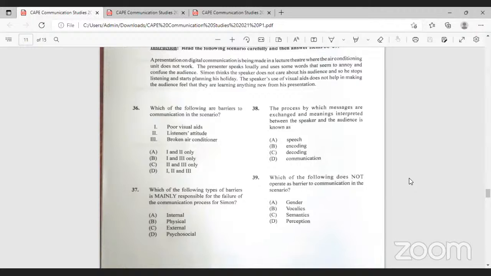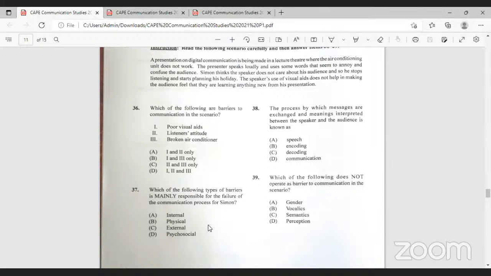But psychosocial relates more to his care. What does he think about his audience? I would say it is more psychosocial than internal. I don't know if anybody will agree or understands the reason. Internal just means something like, there's something preventing you personally from listening or from taking the person seriously.